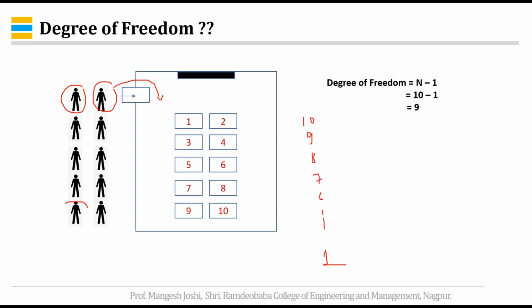So the last person will have no option because all 9 people have occupied all these chairs, and whenever the last person comes in, he has no choice but to take the remaining seat, and hence he has no degree of freedom, right? So that's why the degree of freedom is n minus 1, that is, in this case it is 9.